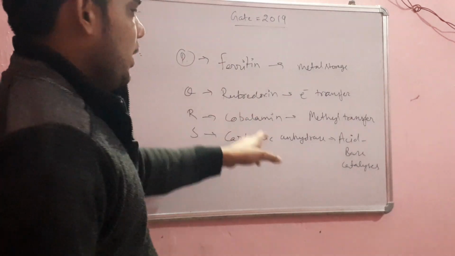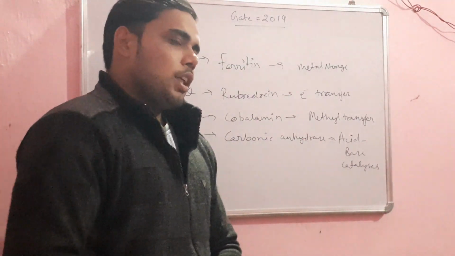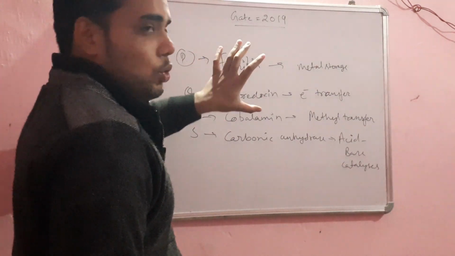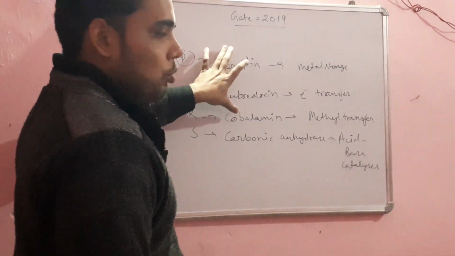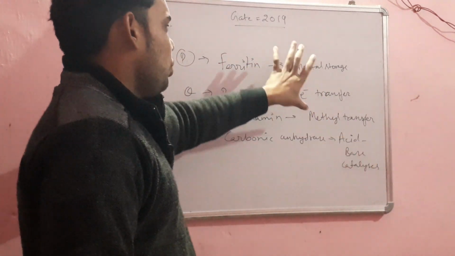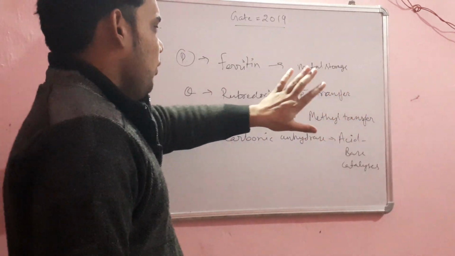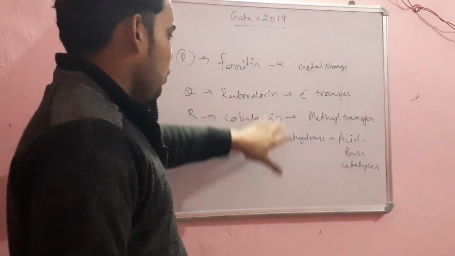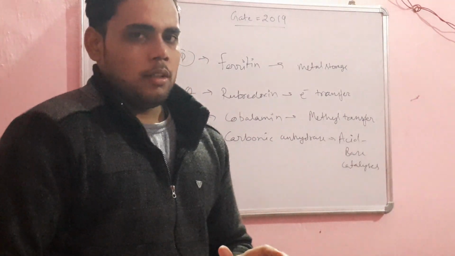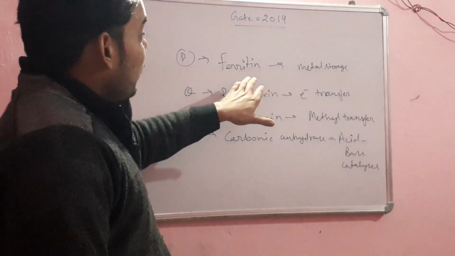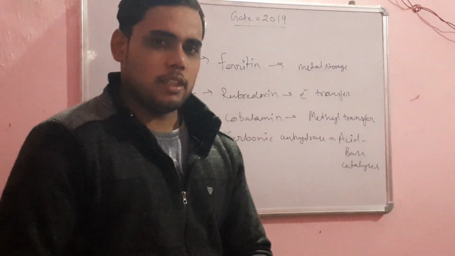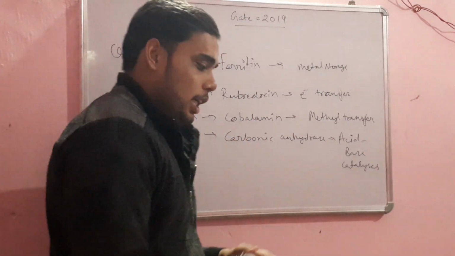So you have to match all these, and in a matching type question, if you know two of them, you can do it. When I was doing this question, I knew just these two, I was pretty sure, and I was able to do the question correctly. When you know a few of them, you can do the match type question. But if they are specifically asking you about ferritin, then you have to know ferritin itself. So keep it in mind.